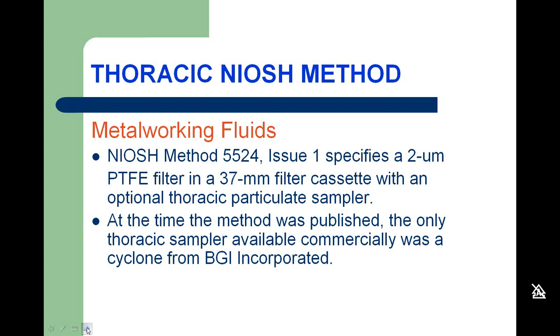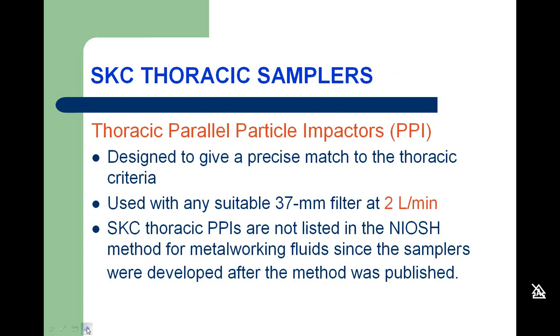At the time the method was published, the only thoracic sampler available commercially was a cyclone from BGI Incorporated. Since the metalworking fluids method was published, SKC has developed a thoracic impactor.